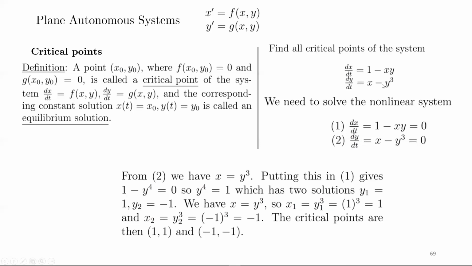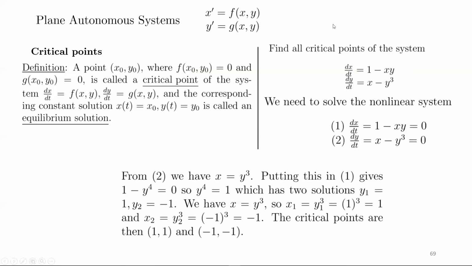For the second equation, dy/dt, if x equals 0 and y equals 0, then dy/dt is equal to 0. But dx/dt would be 1 minus 0, which is 1, so that is not equal to 0. So at (0, 0), the second equation equals 0, but the first does not. So that is not a critical point. That's a very important distinction: both of these equations have to be 0 at the same time.